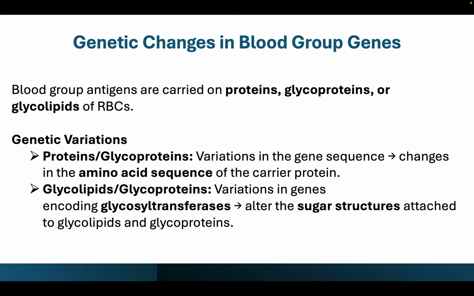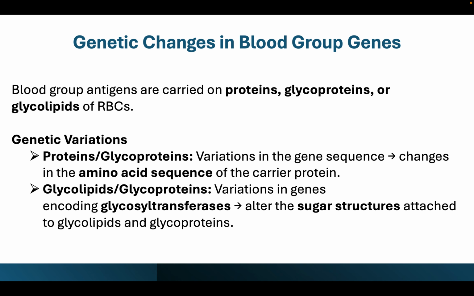Let's read about genetic variation when it happens to the protein or glycoprotein. A change in the gene sequence causes a change in the amino acid sequence of the carrier protein.